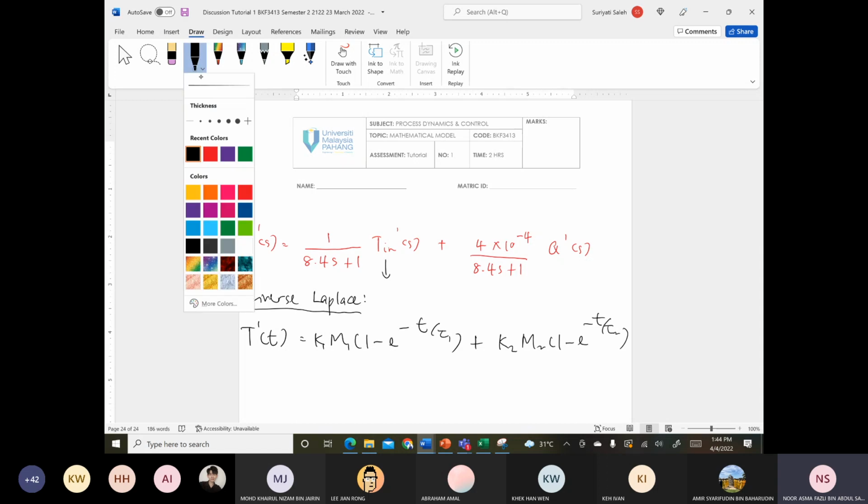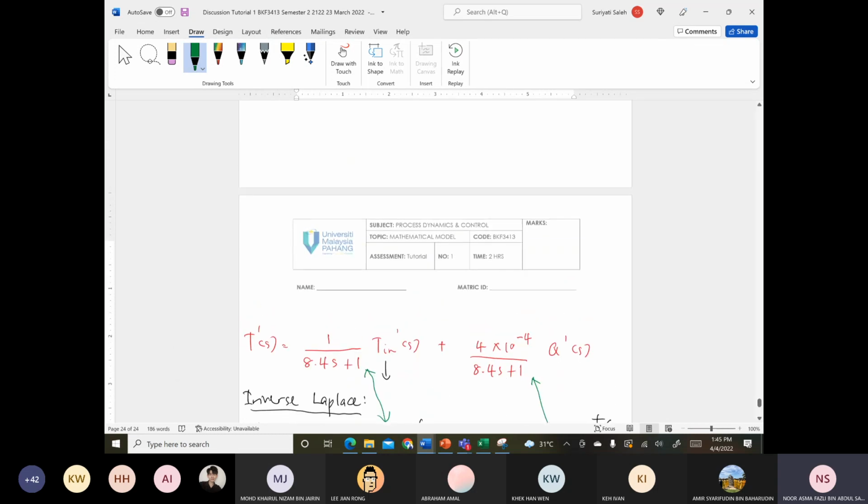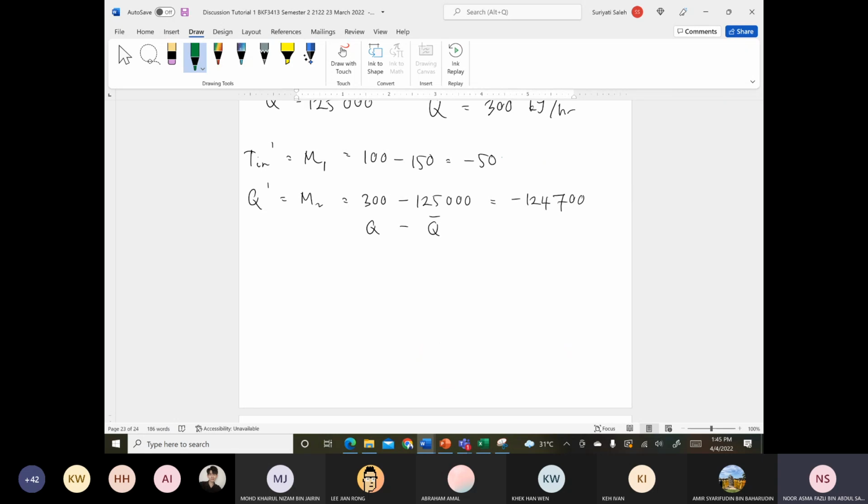So the first part represents this one, and the second part is this one. So I can substitute the values. Since the first transfer function relates to the inlet temperature, negative 50 is my magnitude.